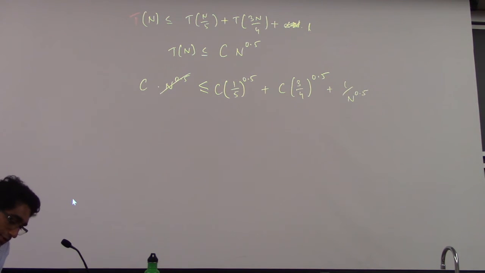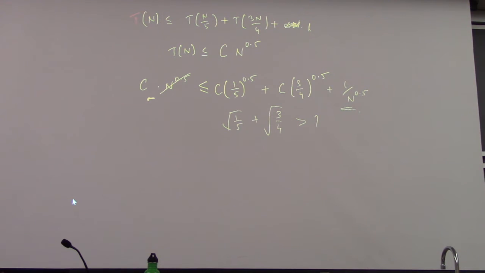But one thing you can verify is that square root of 1 over 5 plus square root of 3 by 4 is actually bigger than 1. You can compute these and verify. So you can't have a C for which this holds for large enough n.